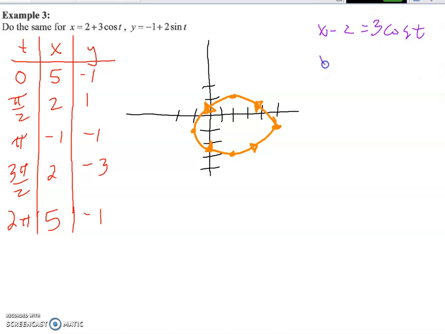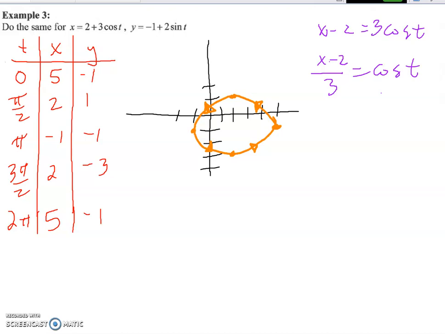I can divide by 3, so I've got x minus 2 divided by 3 is equal to cosine of t. Now the only way to get t by itself on this one is to do an arc cosine, or inverse cosine. It's perfectly okay to do it that way, it just gets a lot messier.